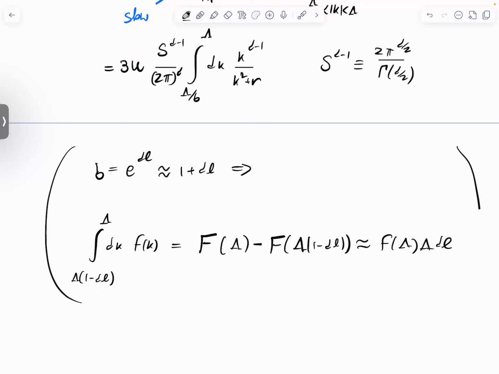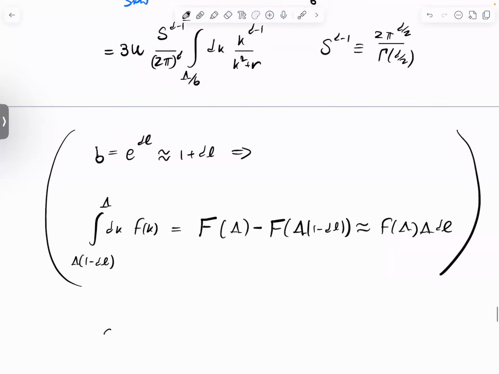So this whole thing was a comment, and then we have that this thing is more or less, let's write it like this, 3u S_{d-1} divided by (2 pi)^d, and then we have lambda to the d divided by lambda squared plus r, dl.